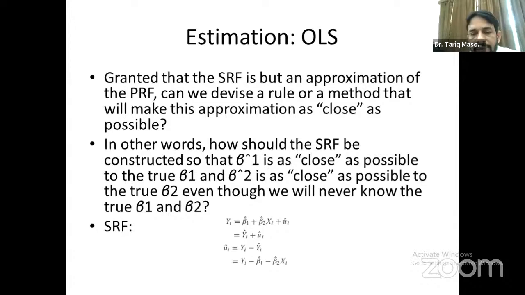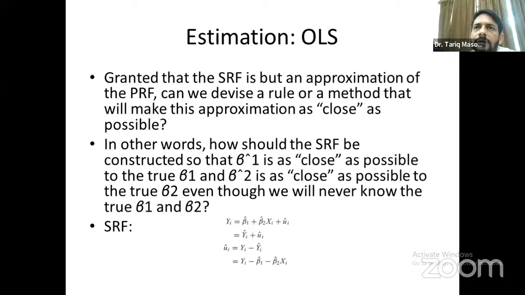Now our purpose is well defined in the above slide: there is a true population regression function and we have sample data. So we have to estimate that true population regression function on the basis of sample data, and that function is known as the sample regression function, where we get estimated values, beta 1 cap and beta 2 cap.